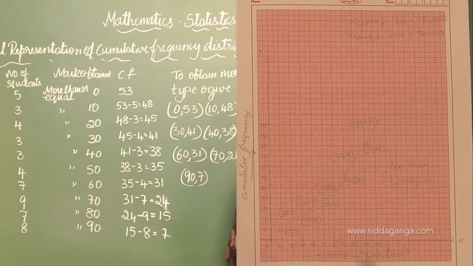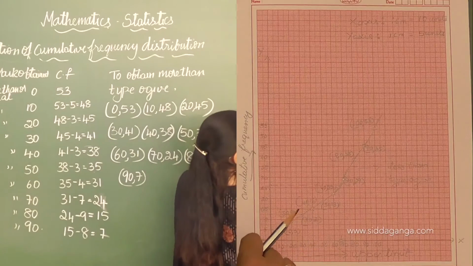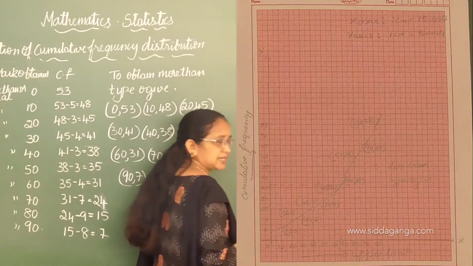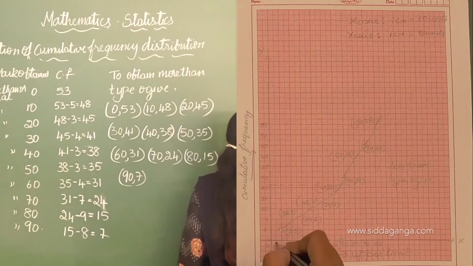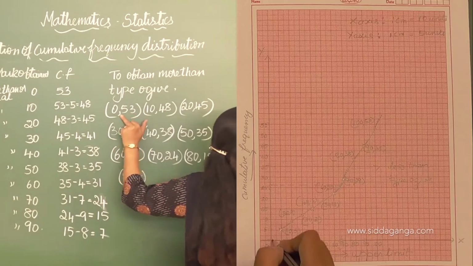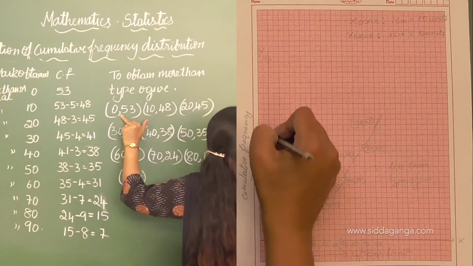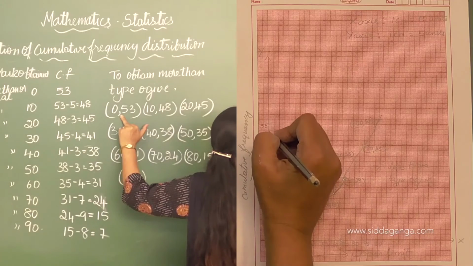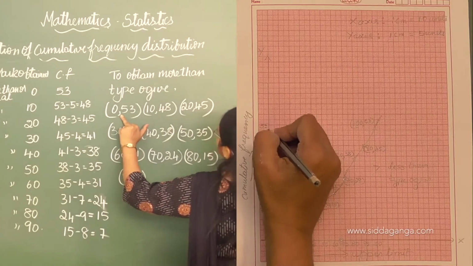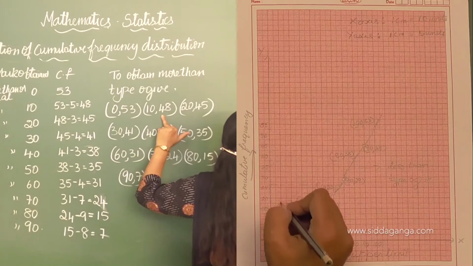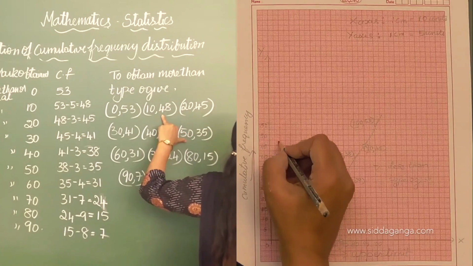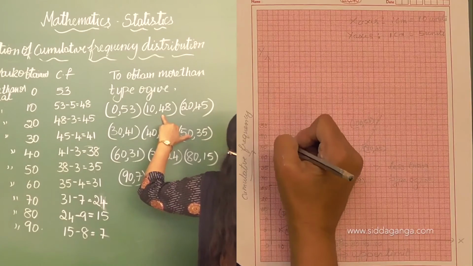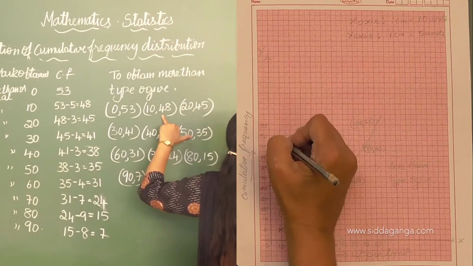See here the scale. Here we will get the lower limit. Now the first one 0, 53. So this is 50, and 2 divisions after is 51, 52 and 53 here. Next 10, 48. This is 45, 46, 47, 48 here.